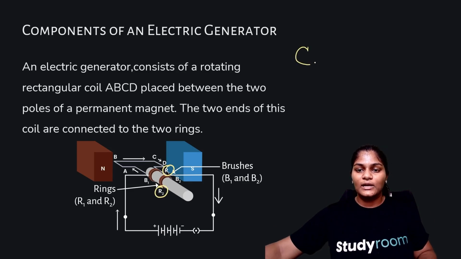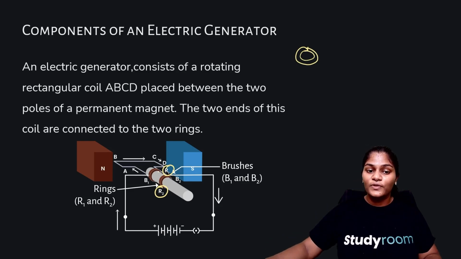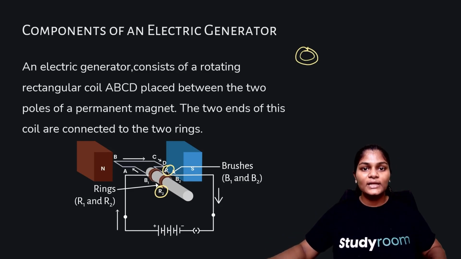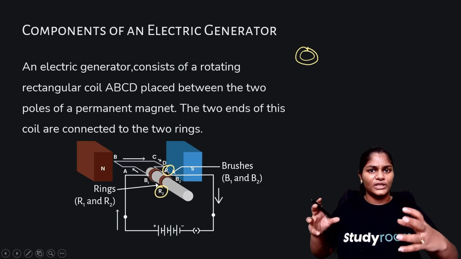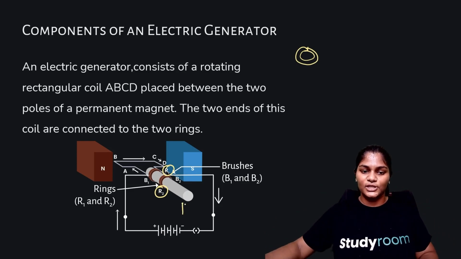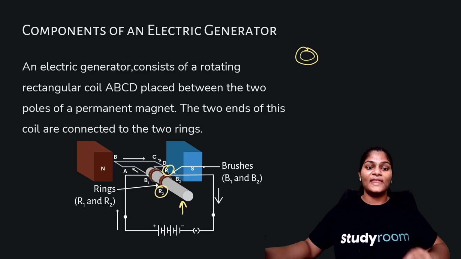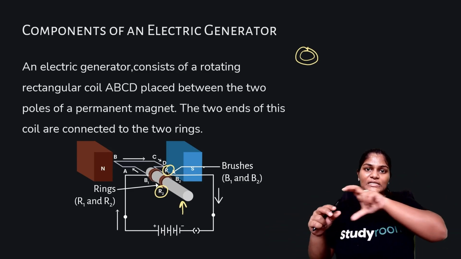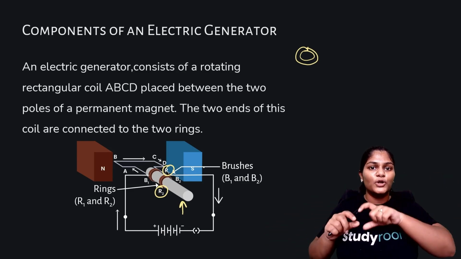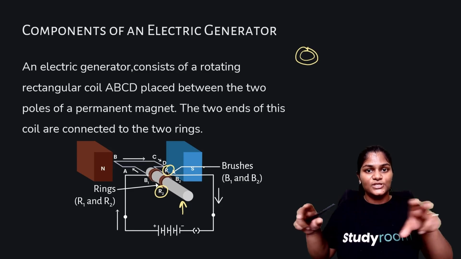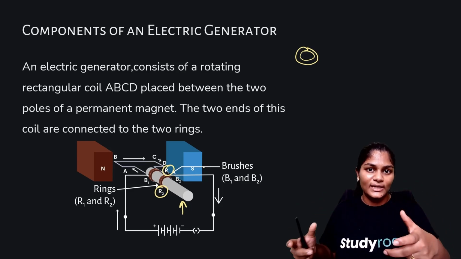And they are inserted over this non-conducting cylindrical roll type of thing. Can you see that this gray colored cylindrical roll is non-conducting, and the rings are basically inserted on it. Think about bangles being put on a cylindrical piece of non-conducting material, right?